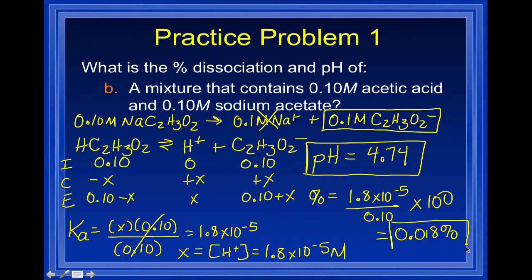And looking back at part A, we can see that it was 1.3%. So adding this common ion really shifted the equilibrium back to this side. It didn't allow as much of the acetic acid to ionize as it normally would. And that's what you should expect, and that's what you should see with these common ion problems.